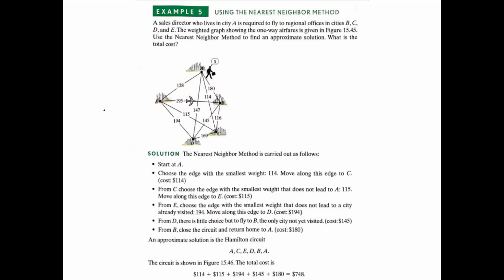It says a sales director who lives in city A, so A is right there, is required to fly to regional office in cities B, C, D, and E. So here's E, here's A, here's B, here's C, and here's D. So you can see a little bit better. The weighted graph shows one-way airfare is given by the figure in 15.45. Use the nearest neighbor method to find the approximate solution. What is the total cost?